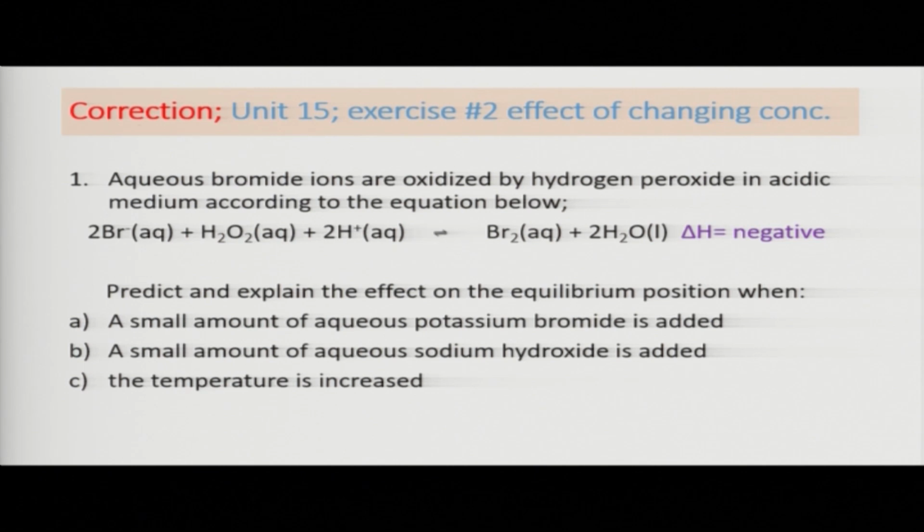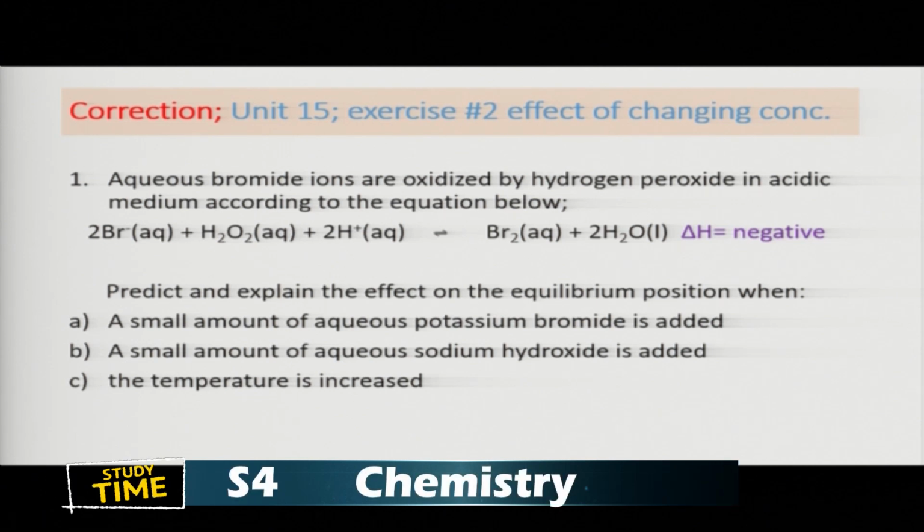Then I left you with a related exercise, which I called exercise 2 because it was for lesson 2, and it is basically on the effect of changing concentration. And I included the effect of temperature as we covered in lesson 1. So I left you with that exercise. I believe you attempted it. And if you did, let's now do a few corrections.